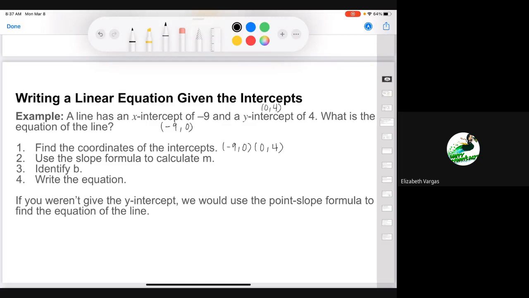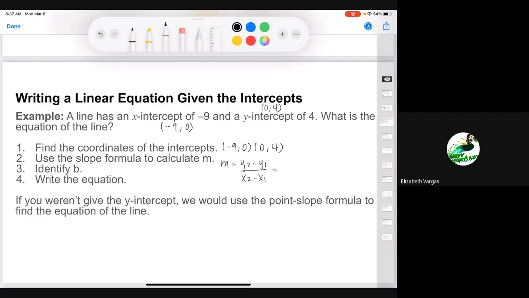Okay, now what I want to do is go ahead and calculate the slope, because if I want to create an equation, I know that whether I'm creating a slope-intercept form equation or a point-slope form equation, what I always need is a slope. I need to identify a slope. So I'm going to plug this into my slope equation.